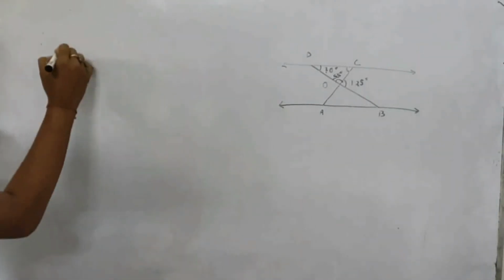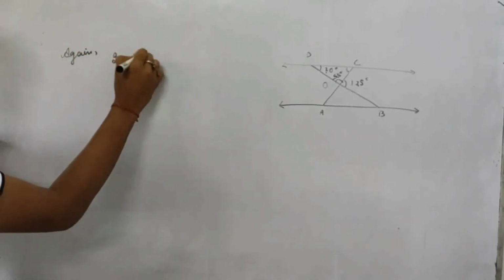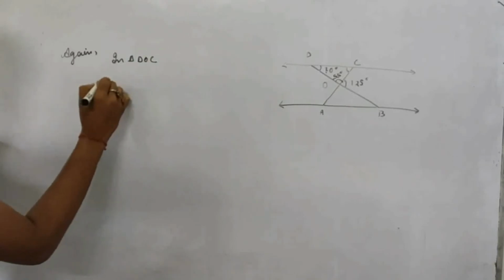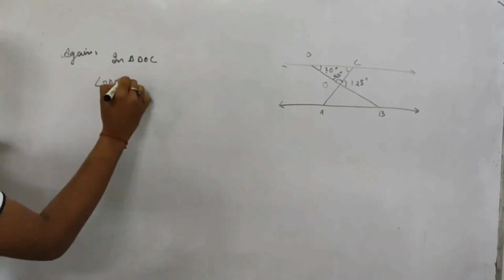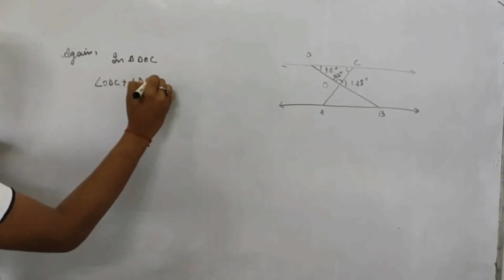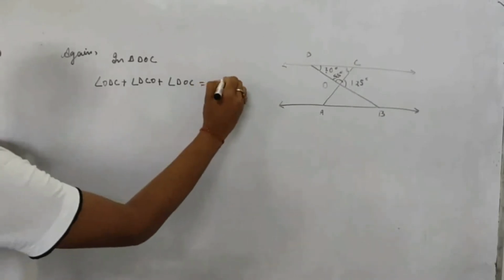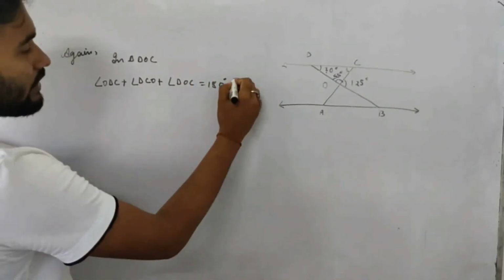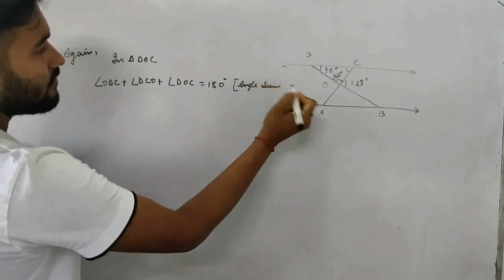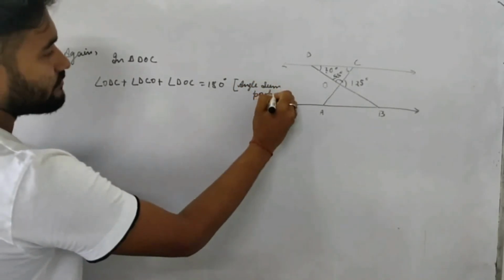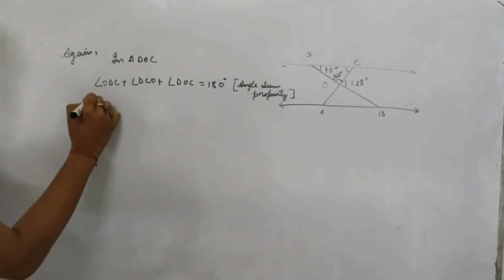That means in triangle DOC, we will say angle ODC plus angle DCO plus angle DOC is equal to 180 degrees. You can write angle sum property. Now put the value.